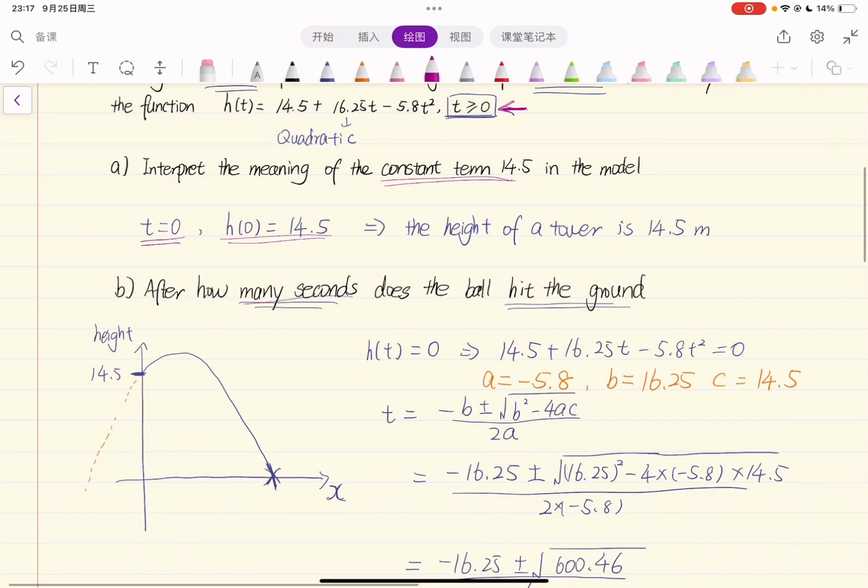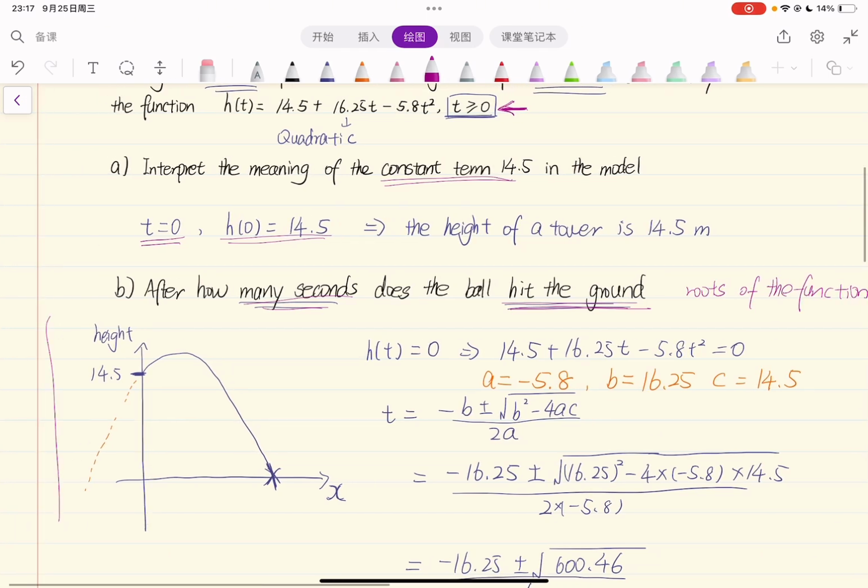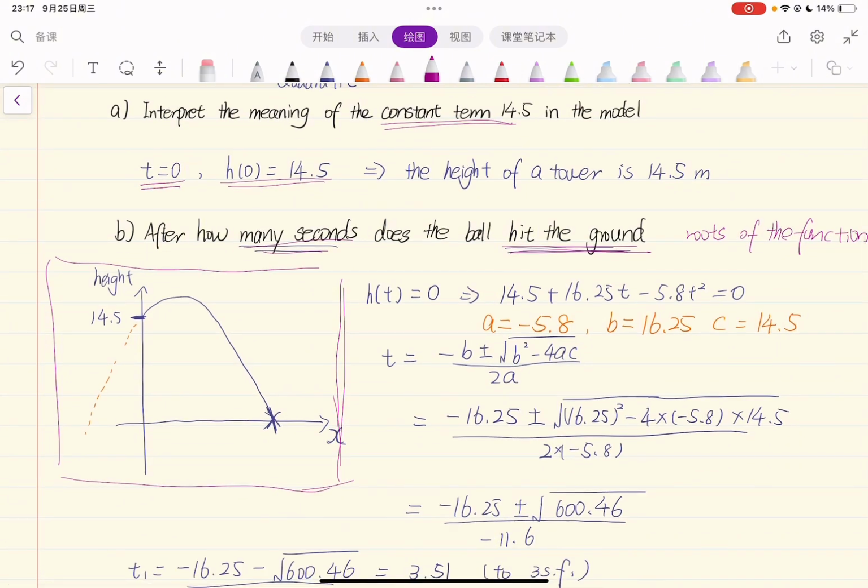After how many seconds does the ball hit the ground? That means you need to find the roots of the function. It is better to draw a graph or diagram in your exam. It is really useful and shows clearly how the question works.